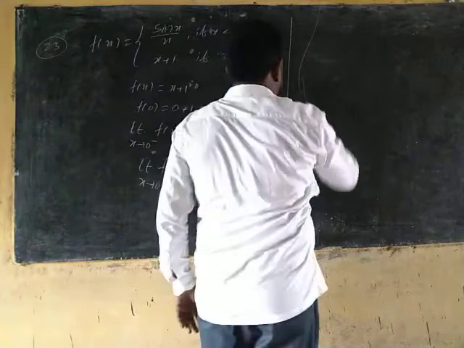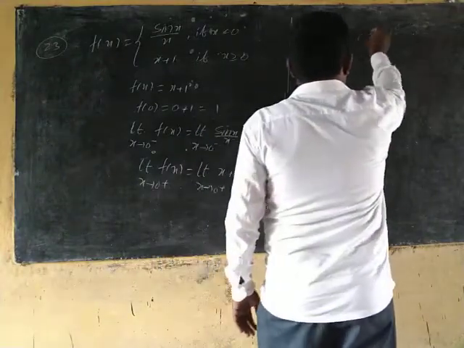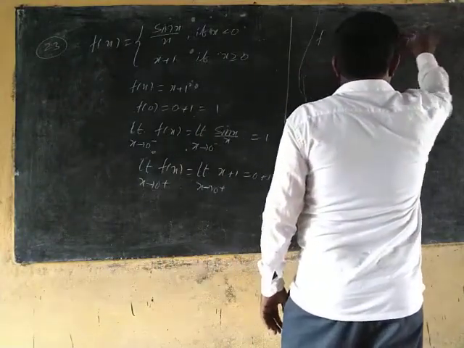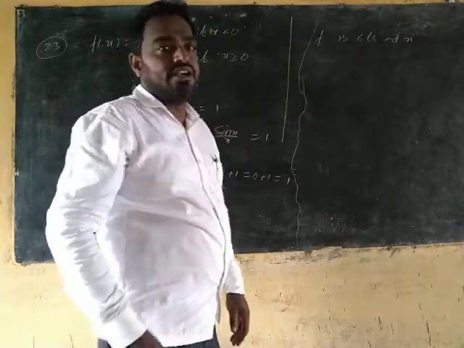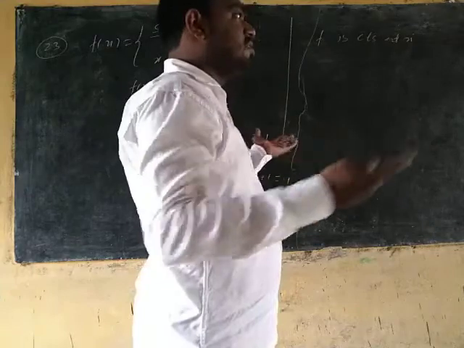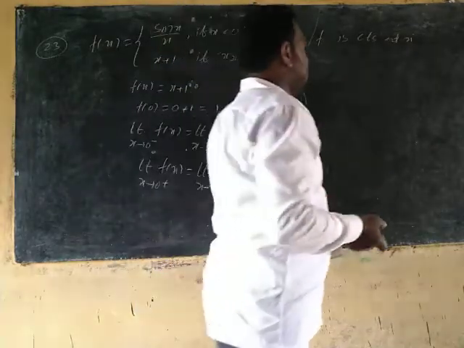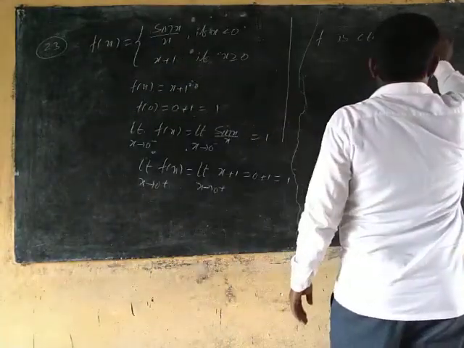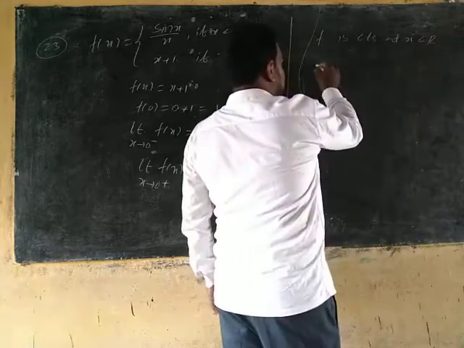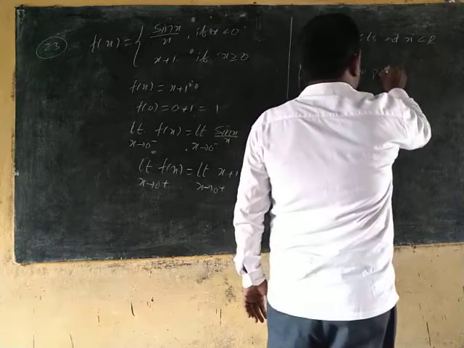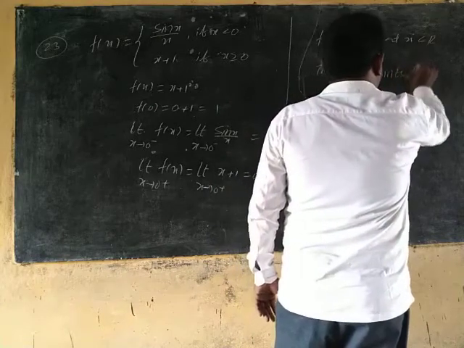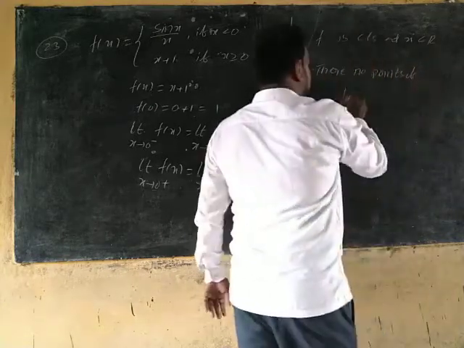f is continuous at x equal to 0, and at the remaining points also it is continuous. Remaining points means all the points, all the real values. So f is continuous for x belonging to R. That means there are no points of discontinuity.